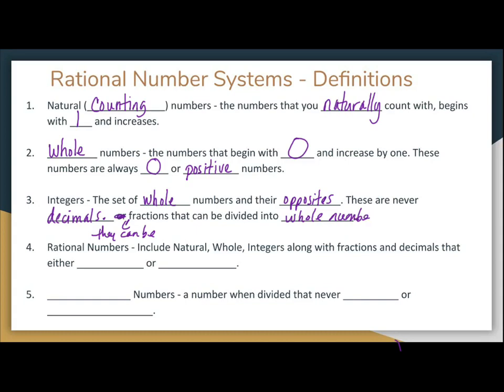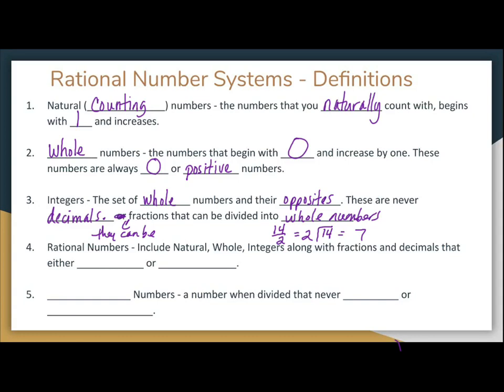For example, if we have 14 over 2, this really means 14 divided by 2, which is 7. So since 14 over 2 simplifies to 7, that could be an integer.